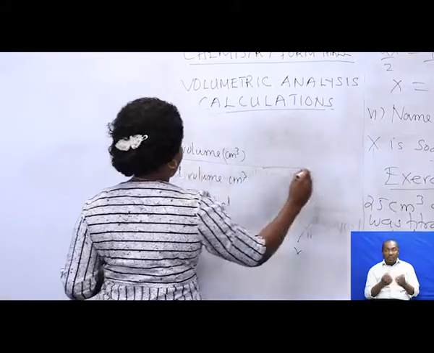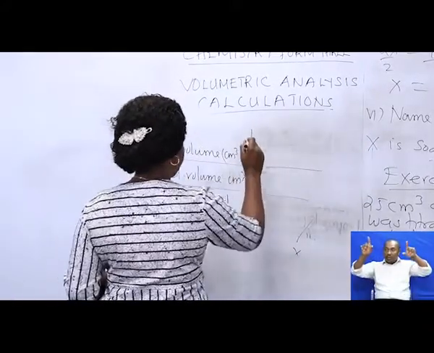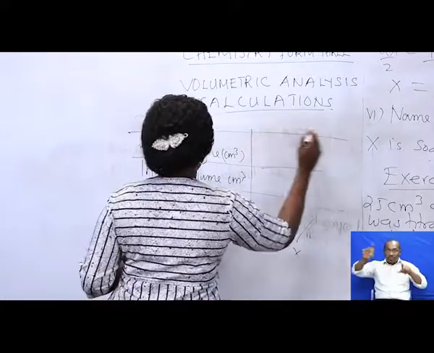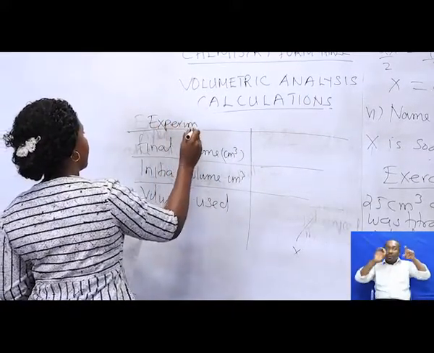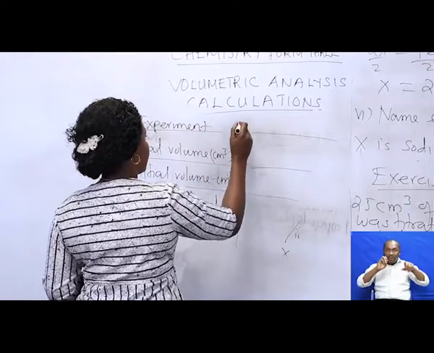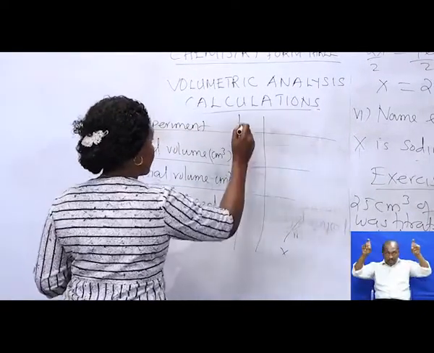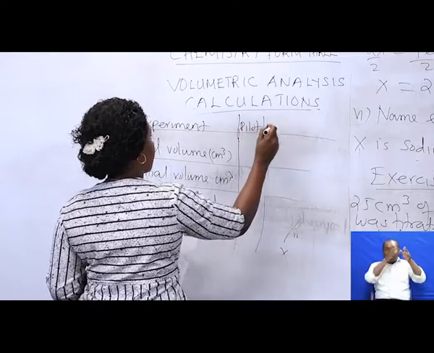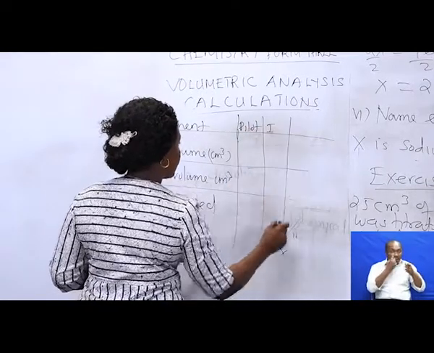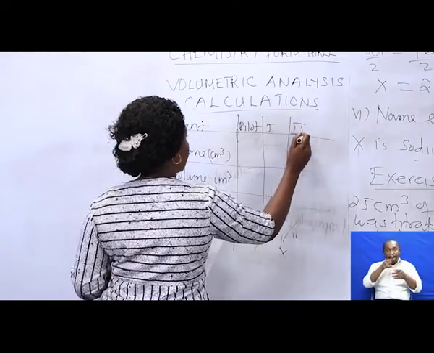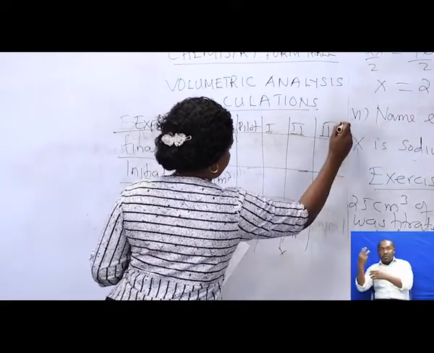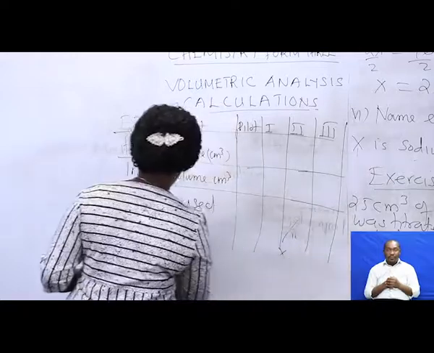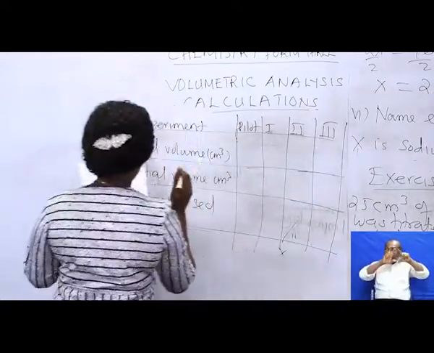Make sure you draw it in a tabular form. This is the experiment: pilot, experiment 1, experiment 2, and the last, experiment 3. So you have to fill in the data given.